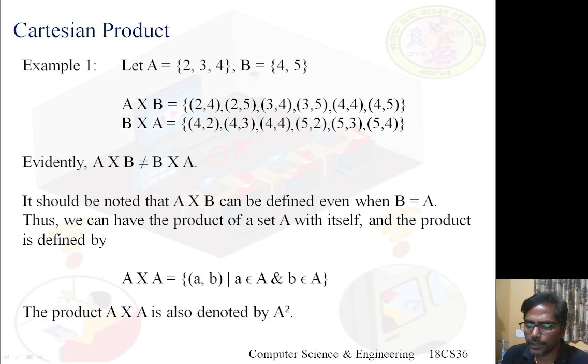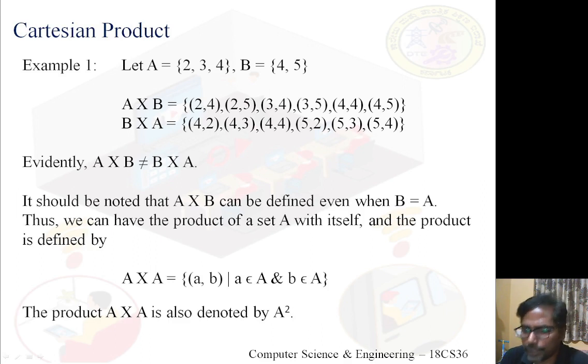I assume the set B to be the same as set A. So when I compute A cross B, it implies I am computing A cross A. In this case, A cross A is nothing but the set of all possible ordered pairs A comma B, where both A and B are elements of set A.